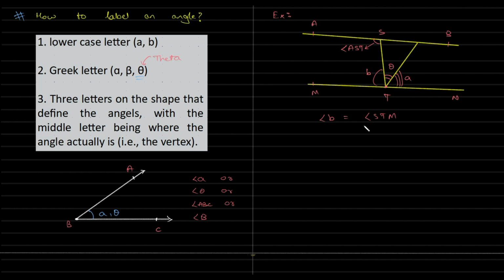So some people end up writing angle T, which is altogether wrong, because at T we have so many arms, right? Please don't name any angle at vertex T as angle T. Okay, because we won't know for sure which angle we are talking about.